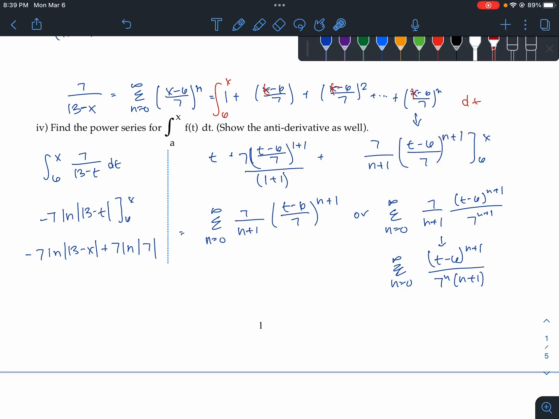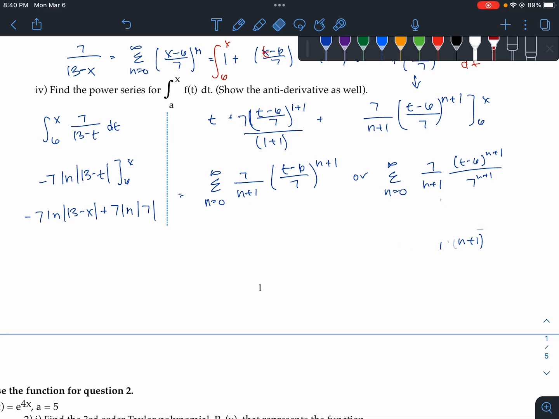Okay, now as for the last part I was talking about with the terms, if I were to write out the terms here, plugging in 0, I would get 7, and then I would have t minus 6 over 7, just like that.